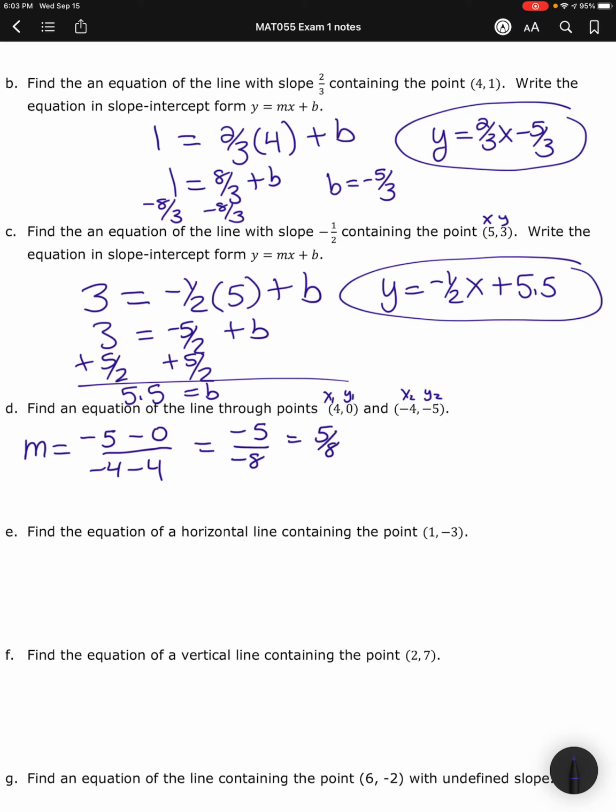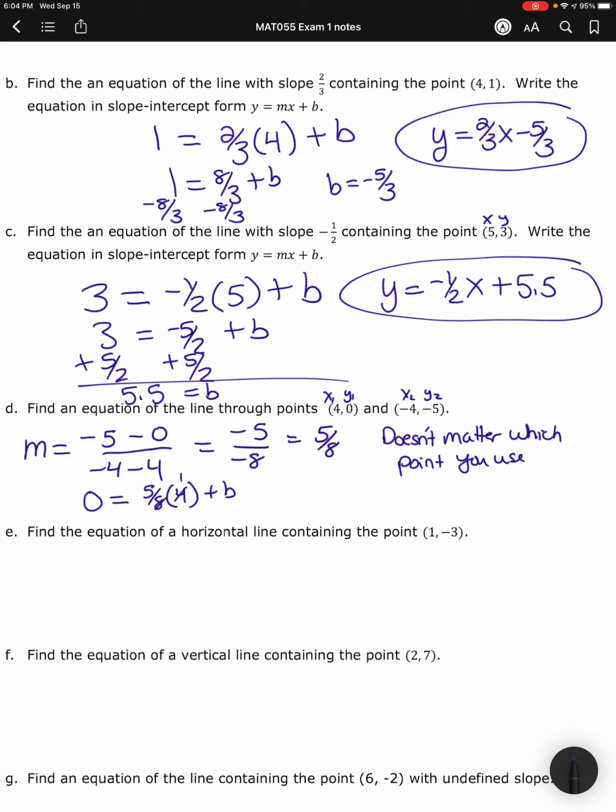And now we're going to do what we did for the last 2 or 3 examples, but it doesn't matter which point you use. So I'll use 4, 0, that seems easier.